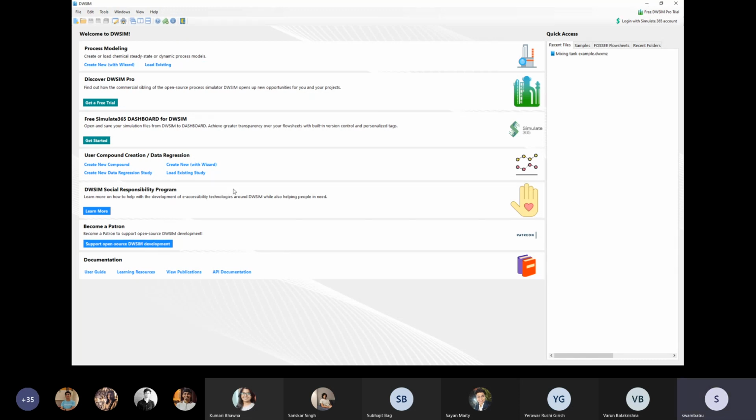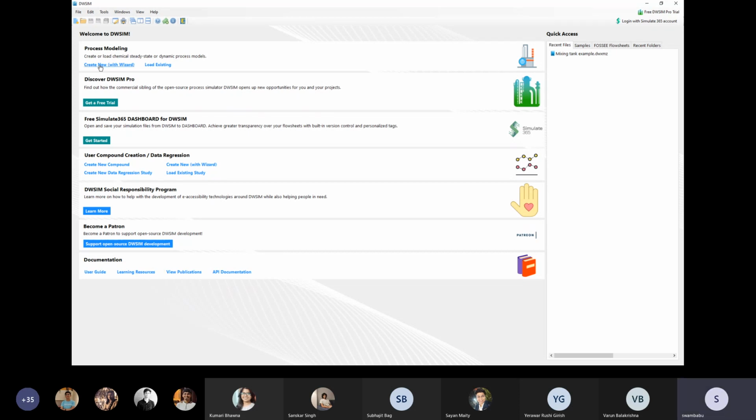So I just opened the DWSIM software. As I said in the last class, it has basically two important things in the front. One is process model, and the other is documentation. If you want to refer to all this documentation, user guide and learning resources, just click here, you will get it.